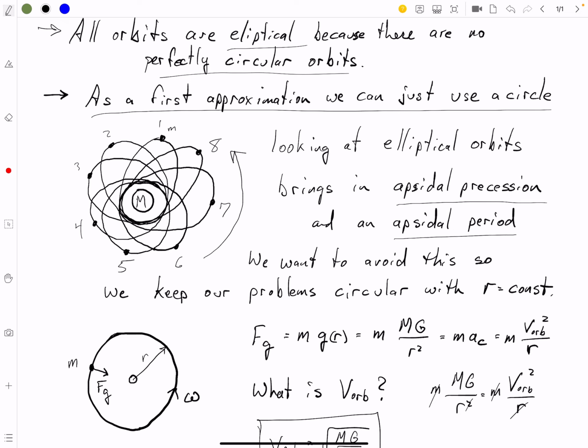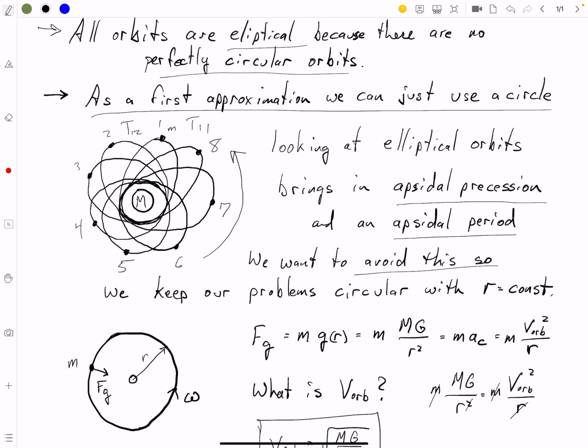So instead of going from a period, we'll call it T1 to 2, we have a total apsidal period of T1 all the way through 8 and then back to 1 again. So that's the apsidal period. That is even longer. So all of these things confuse the issue, right? And we don't want to do that. We want to keep it simple.